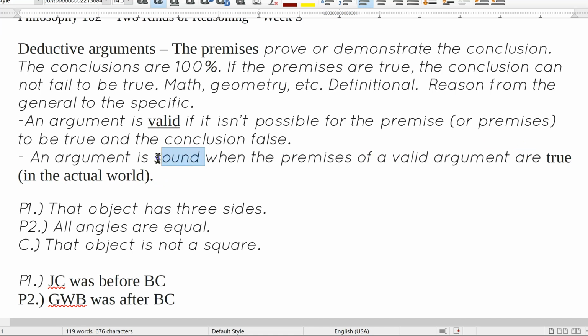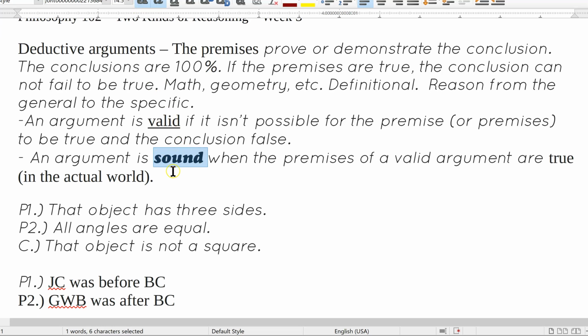So this idea might interest you more, and I would love to spend more time talking about soundness. Unfortunately, we're not going to spend that much time talking about it because whether or not the premises are true is usually what keeps arguments from just being immediately concluded, right? If you've ever had an argument with somebody, usually they're rejecting, at least with a deductive argument, your premises.